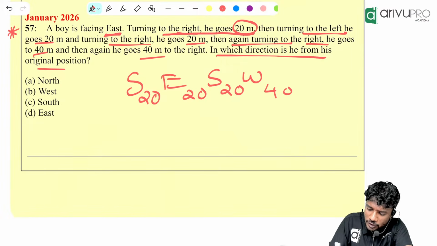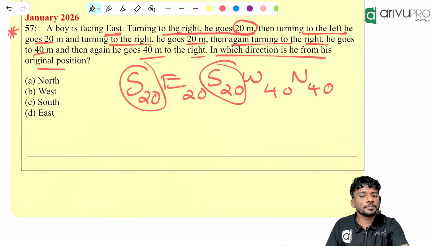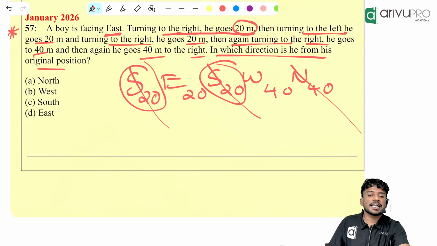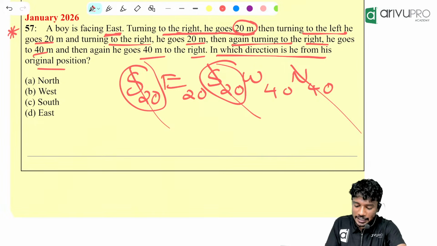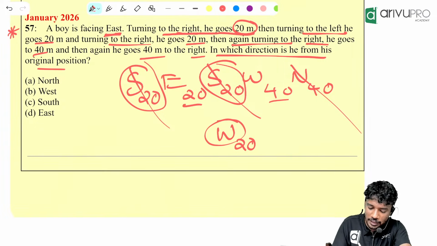Then again goes 40 meter to the right. How much is the final one? North 40. People, south 20, south 20 became what? South 40. South 40 and north 40 will get cancelled. 0 it will become. Then east and west are remaining. What is the remaining, people? West 40 minus 20 is how much? West 20. Which option is the answer? Option B.